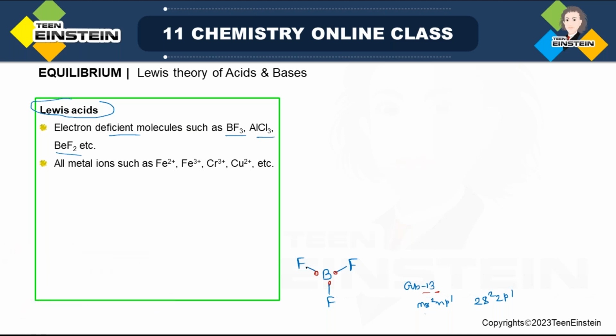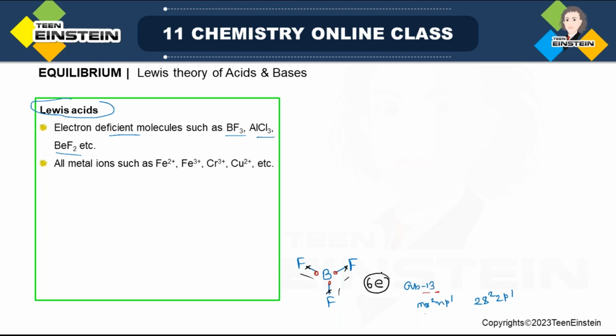From fluorine also, fluorine will use 1 electron for bond formation. So all the electrons of boron, which are denoted by this red dot, are all used up. And surrounding boron, how many total electrons are there? 2, 2, 2, because total 3 bonds means total 3 electron pairs, so 6 electrons.